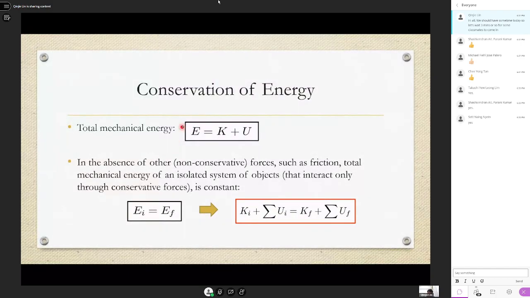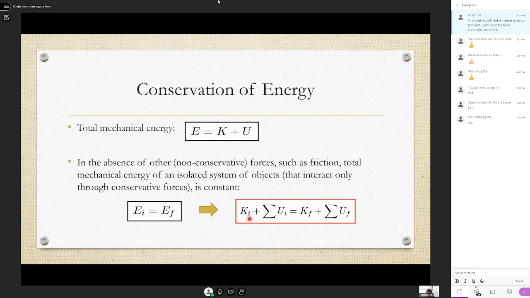The next slide is actually reinforcing and repeating almost exactly the same thing. We learned that total mechanical energy consists of the kinetic part and the potential part. So if we don't have other non-conservative forces such as friction, in other words, if we don't take away energy from the system, then energy at the start will be equal to energy at the end.